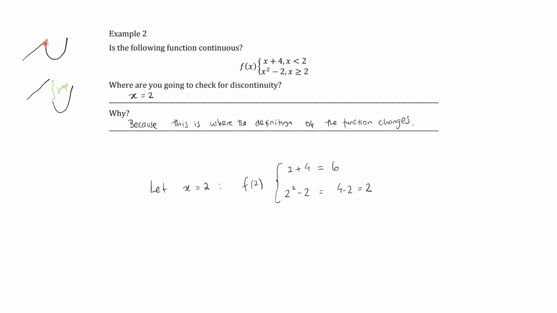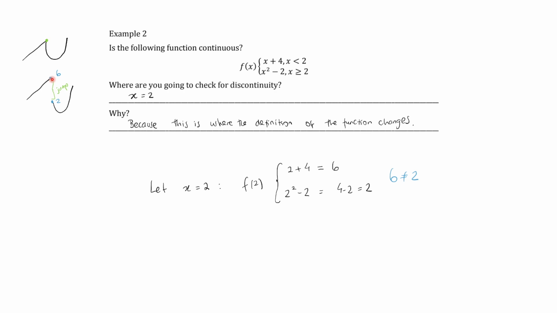And here, of course, 6 is not equal to 2. And so that does mean that we do have a jump, right? So right over here, this function is going to have a y value of 6, whereas the parabola is going to only start at 2. So we are going to have a jump, and the function is discontinuous.